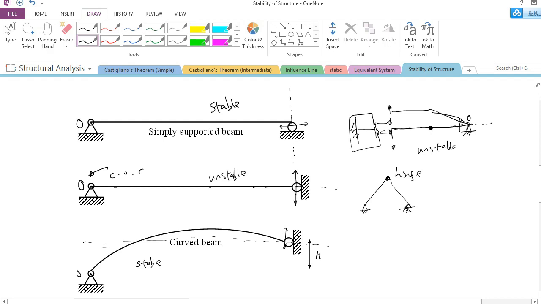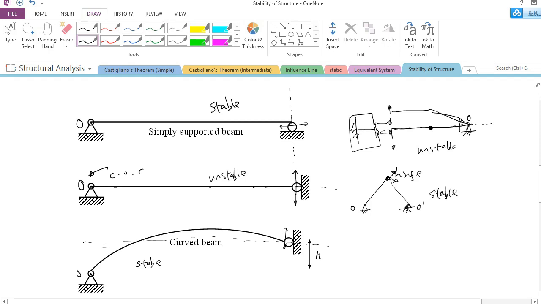Yes, it's a stable system because, first of all, this point is a hinge, so the center of rotation is here. If this is the center of rotation, this point will move in this direction. However, this one is also a hinge, so this one is also a candidate of center of rotation. For this beam, you will move in this direction, so they contradict each other. So this is a stable system.